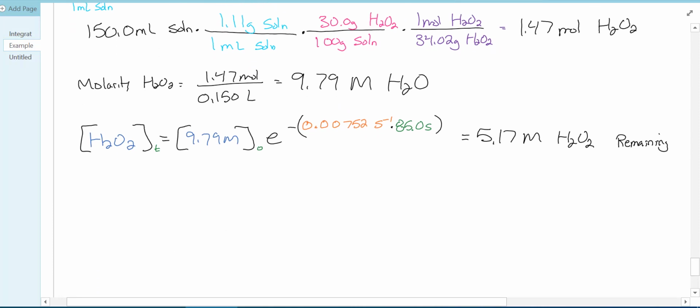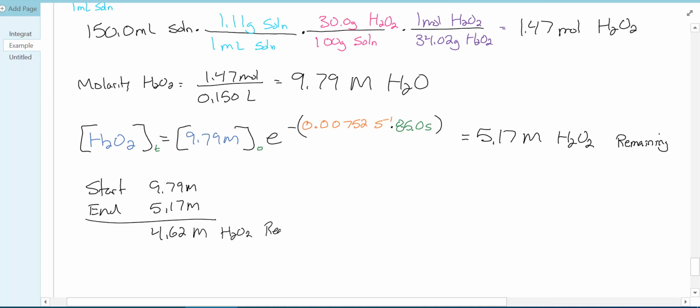Well, if I start with 9.79 molar and I end with 5.17 molar, that would suggest that 4.62 molar H2O2 reacts, wouldn't it?